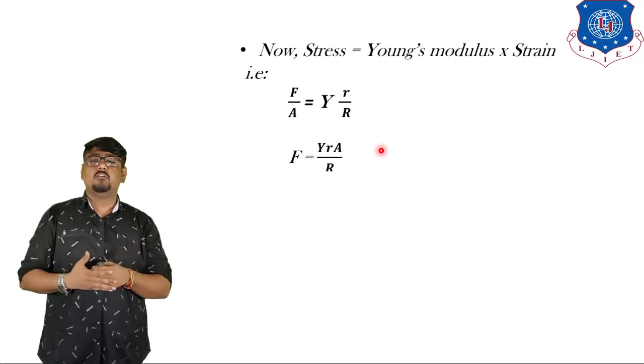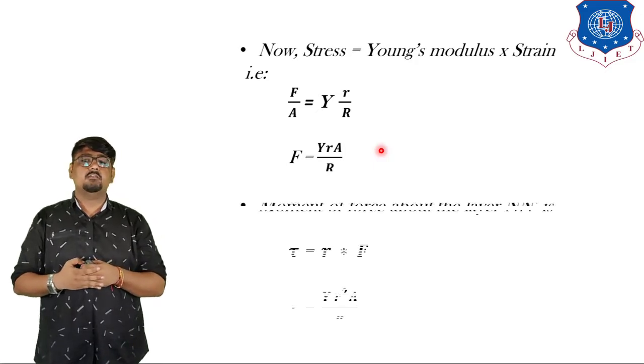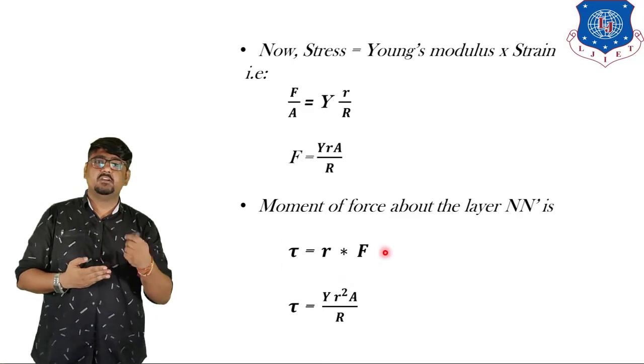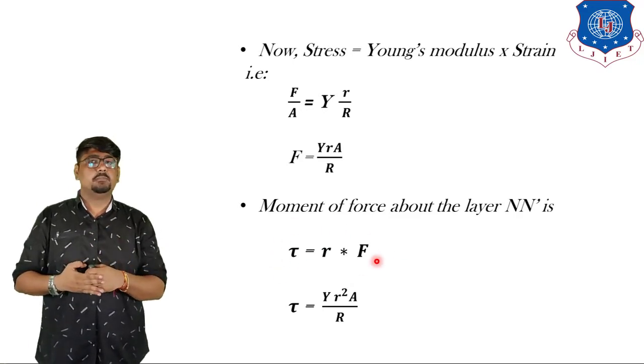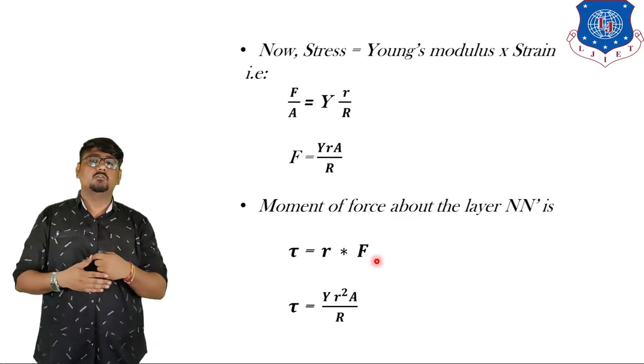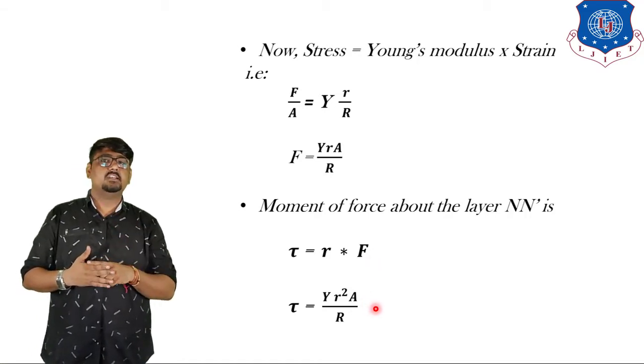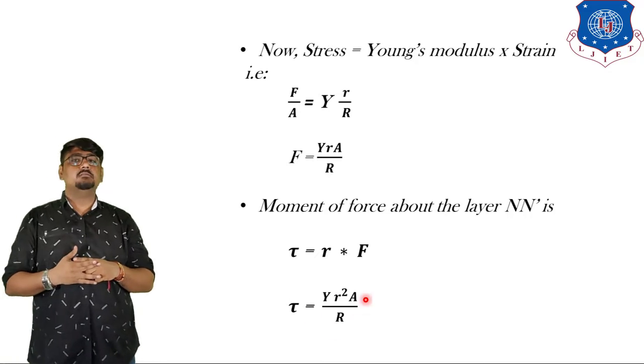Now, moment of force tau can be given as small r into force, that is the displacement into force. Small r is the displacement and force is equal to Y A small r upon capital R. So small r into small r gets multiplied and becomes r square.